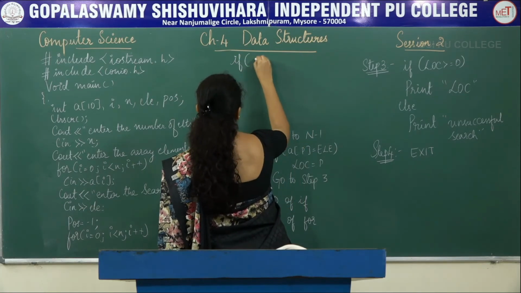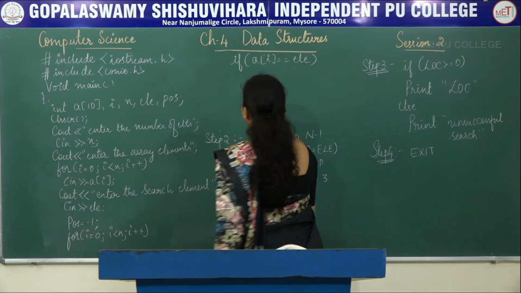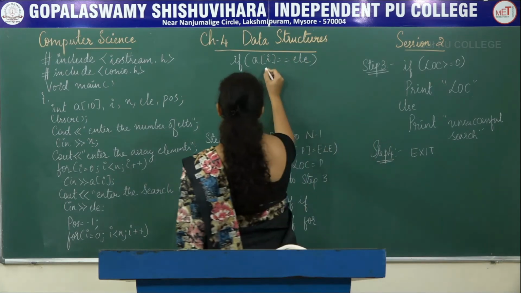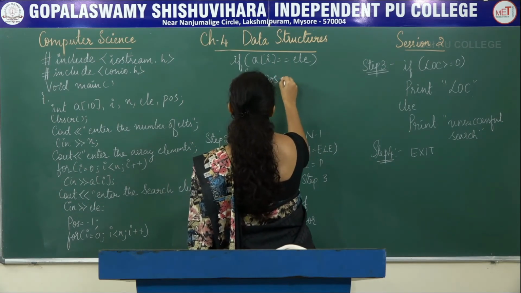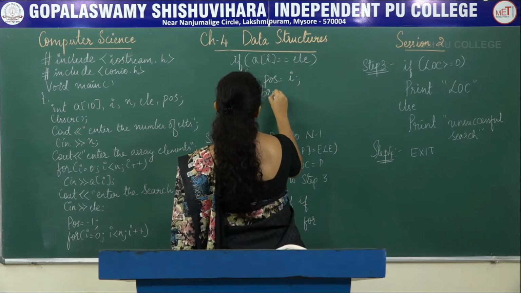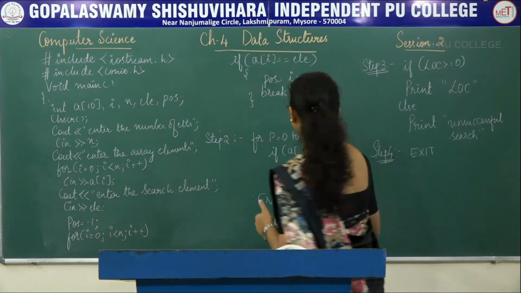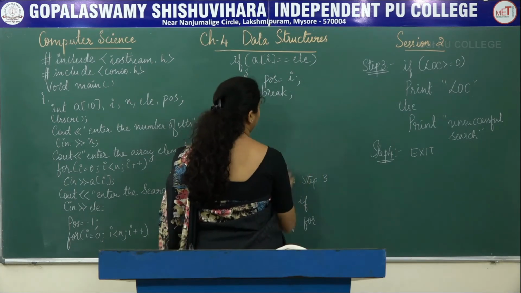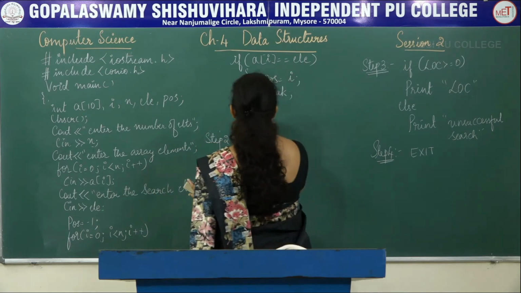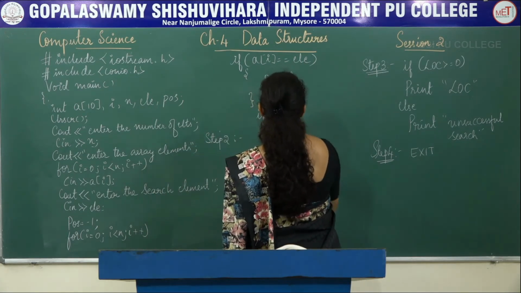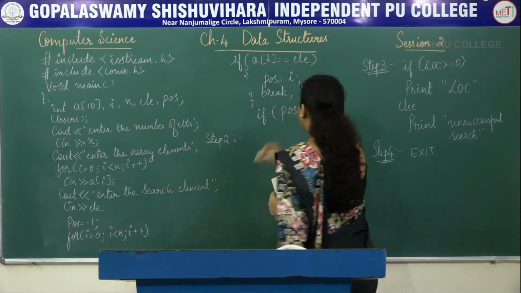If A of i is equal to element, then position is equal to i, and break.